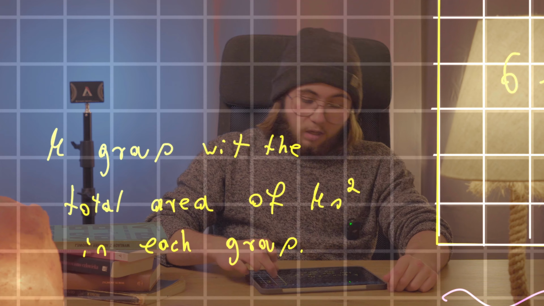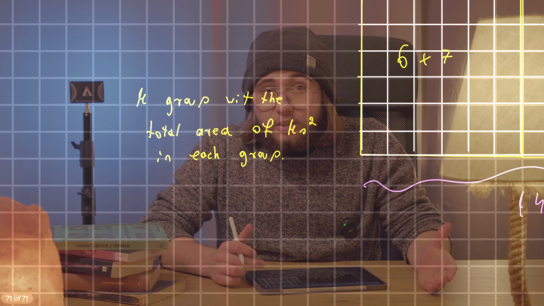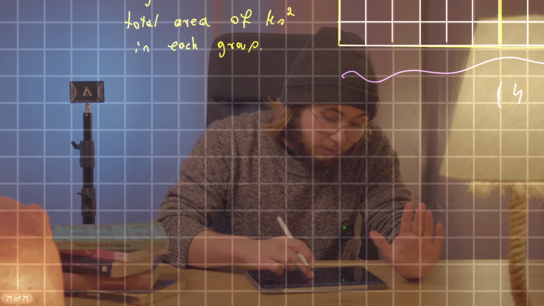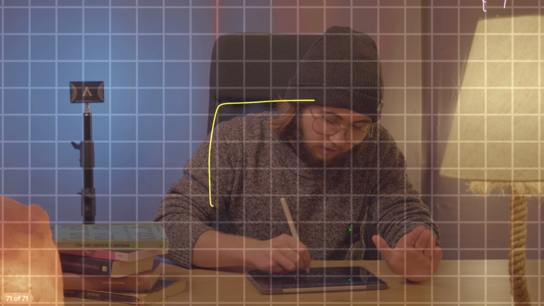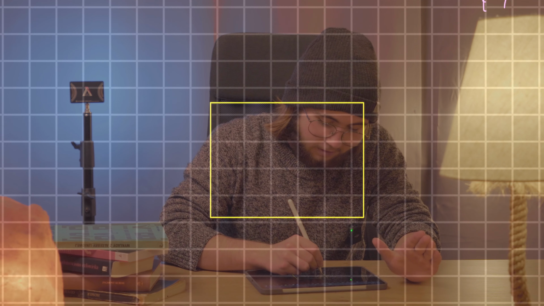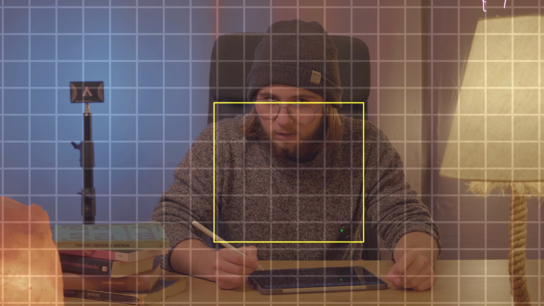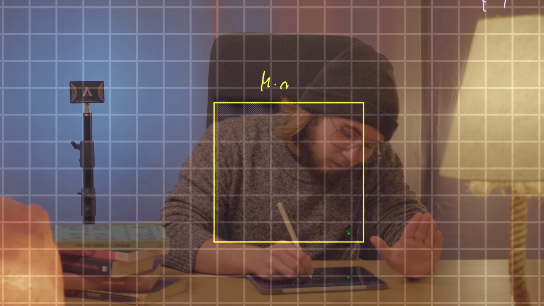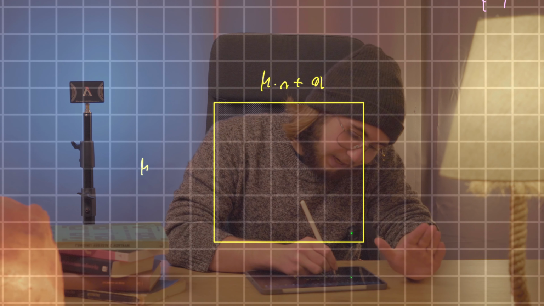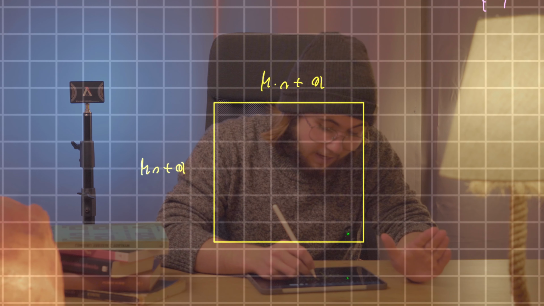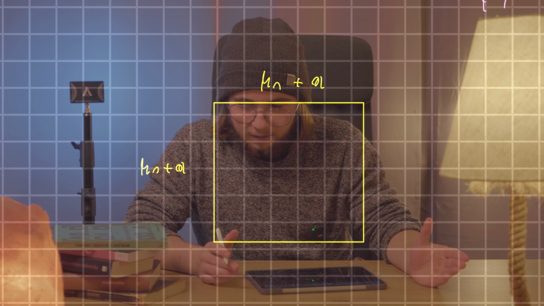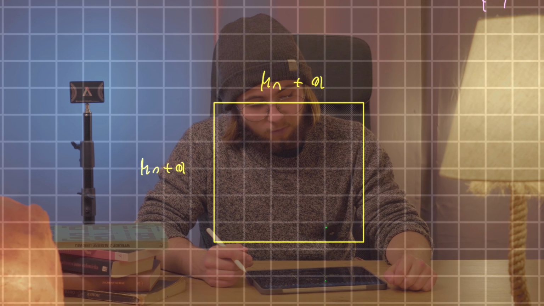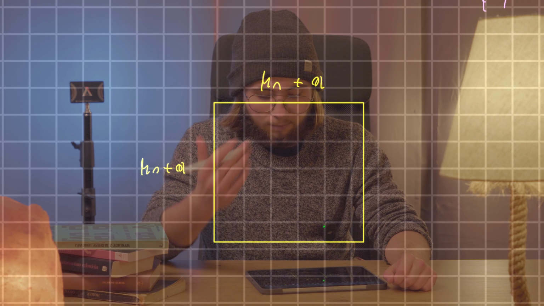Well, is this necessary for us to get what we want? Just for the sake of consistency and not being restrictive, we'll assume that there is an n such that we are able to create a kn plus a by kn plus a square from the rectangles 1 by n up to n by n.